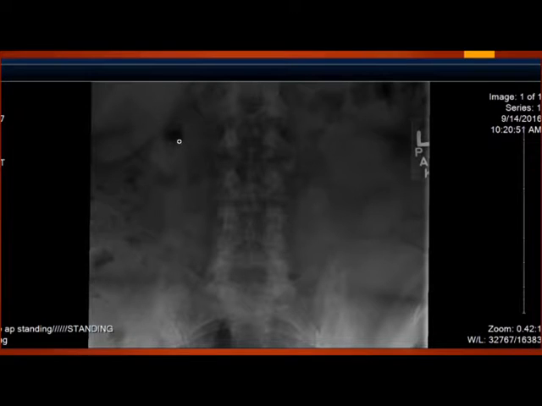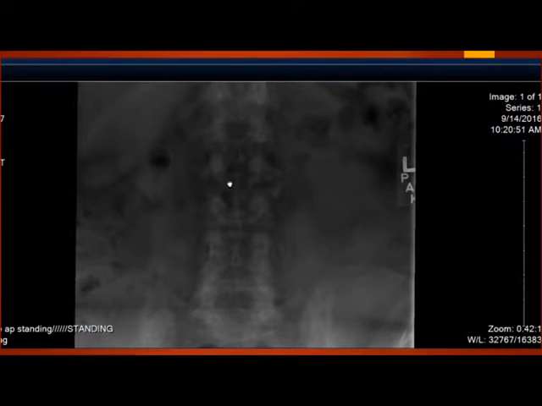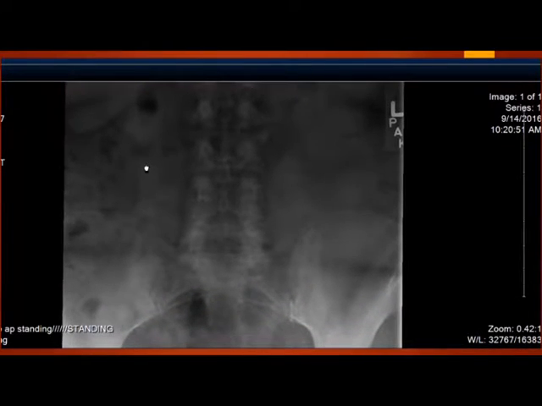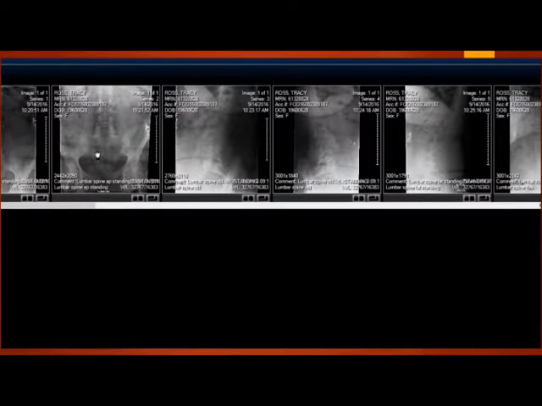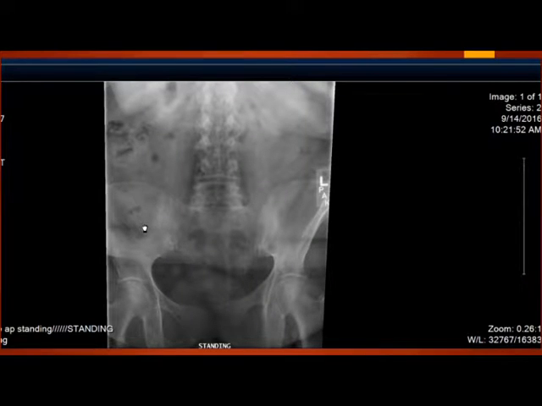This is an A to P lumbar spine X-ray, and you'll notice that she has 5 lumbar spine vertebrae. There's an area of degenerative change between L2, L3, and the remainder of the lumbar spine vertebrae appear to be roughly within normal limits. Let's look at the L5-S1 spot shot.